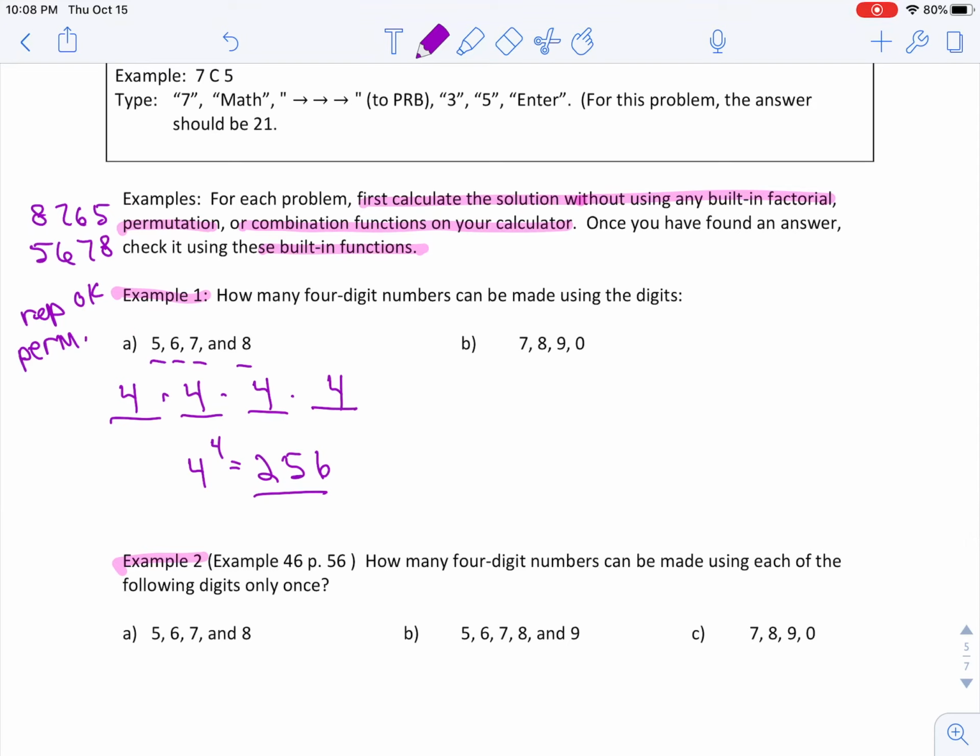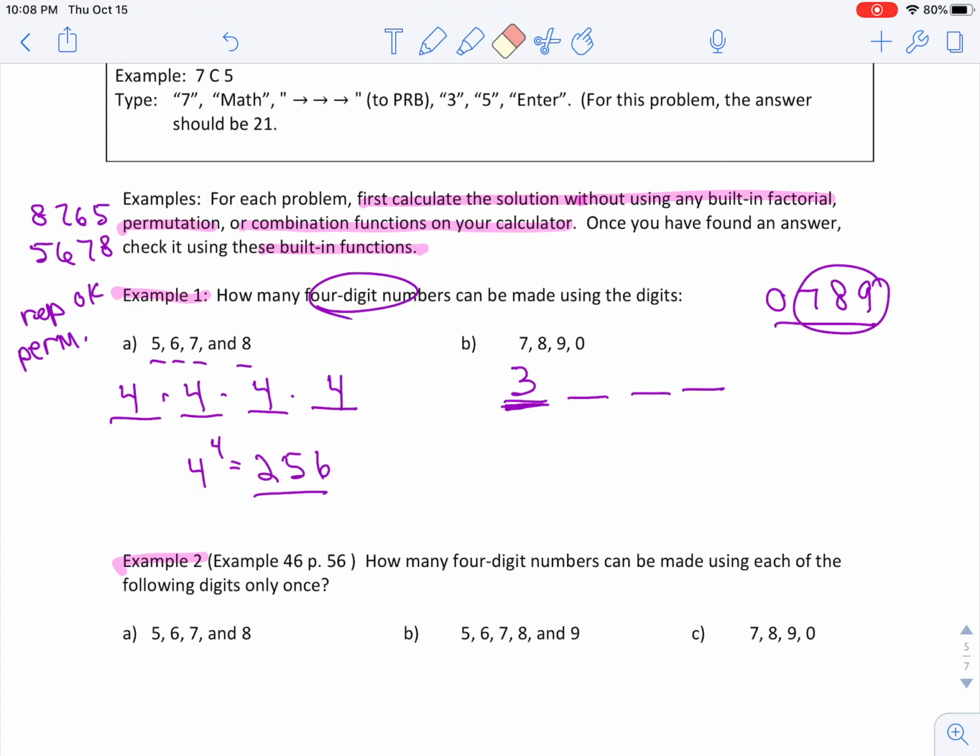For the next one, you do have to be a little bit careful because we have 0 in our list. If you think about making the number 0, 7, 8, 9, remember we want a 4-digit number, and this is not really a 4-digit number. This is really a 3-digit number. So we don't really have 4 choices for the first slot. We can't choose the 0 for that first slot, so we really only have 3 choices there.